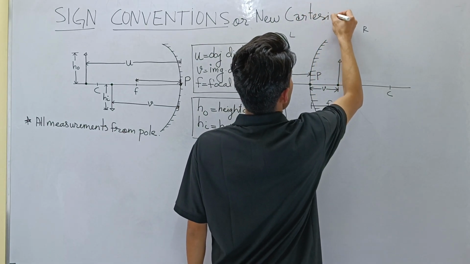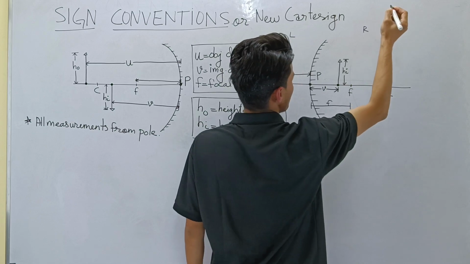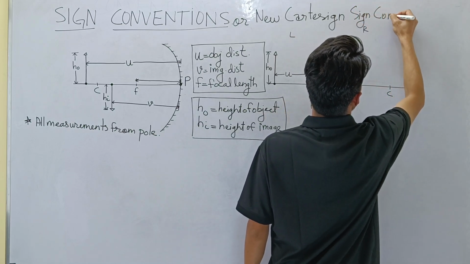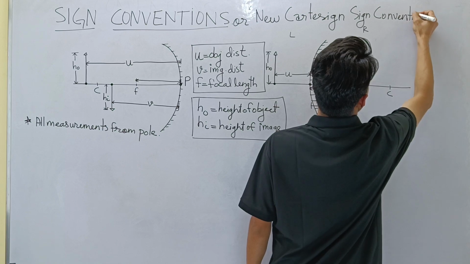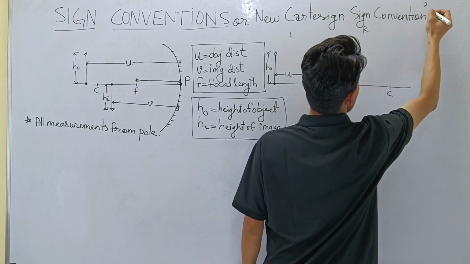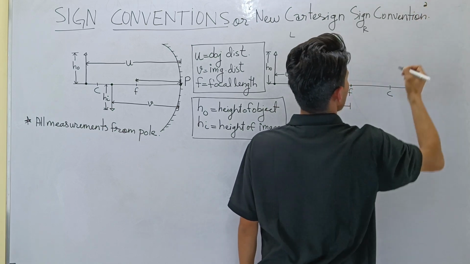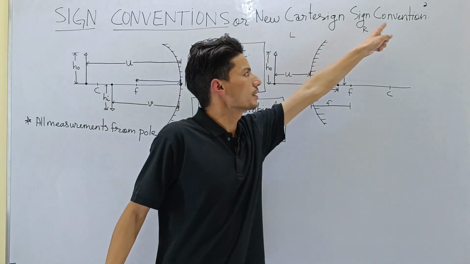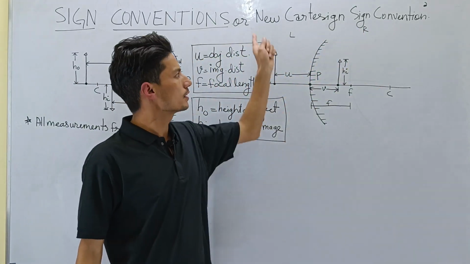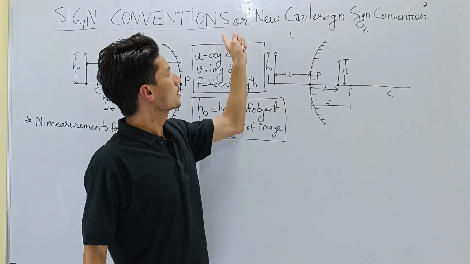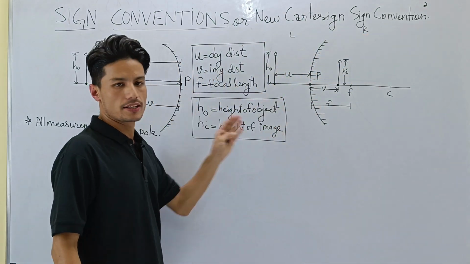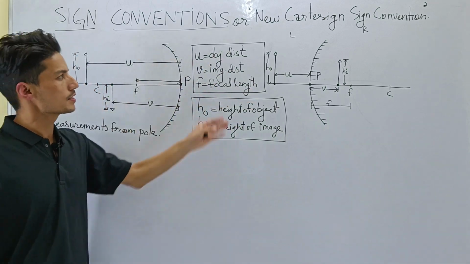What I want to tell you is that they are the same. So in the exam, if your teacher, instead of sign convention, writes new Cartesian sign convention, understand that it is the same thing. They mean the same thing, just that the name is different.